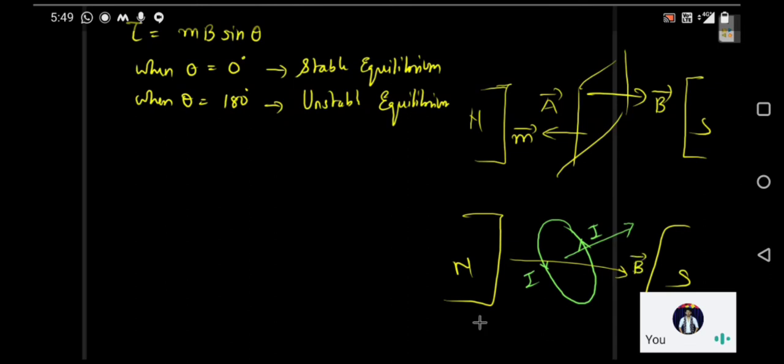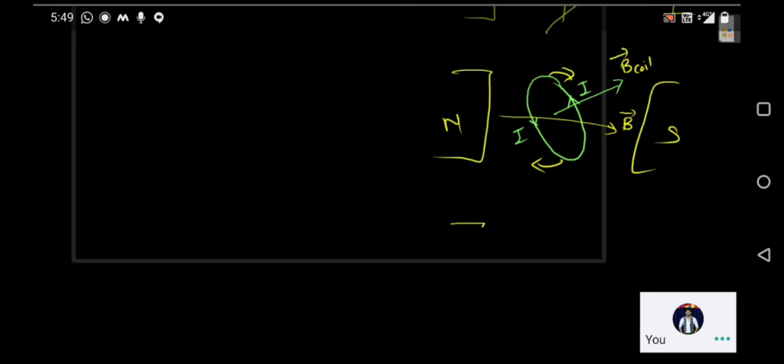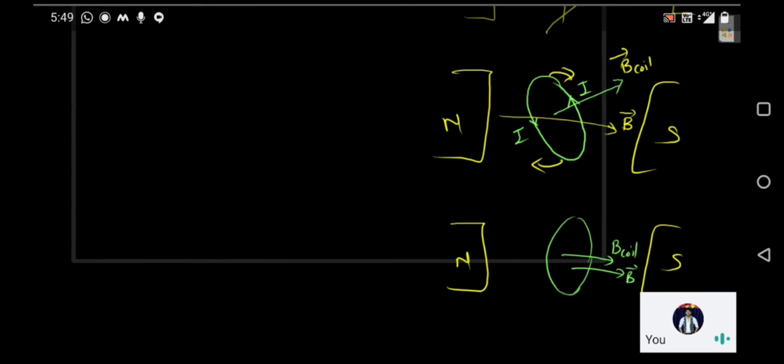So there will be a torque acting on this coil, and the coil is going to come into this position, like this. This is north, this is south, and your coil will come into the stable equilibrium like this. That means the coil's magnetic field will align with the main magnetic field. Obviously that should happen, right?